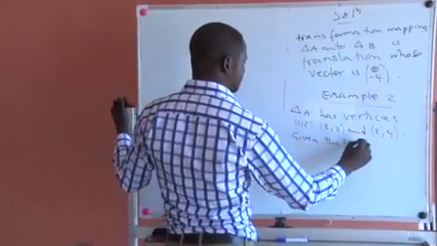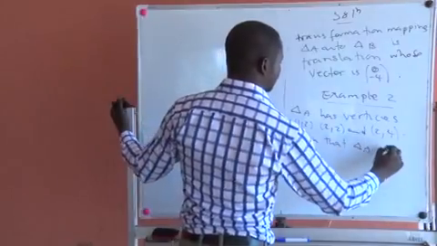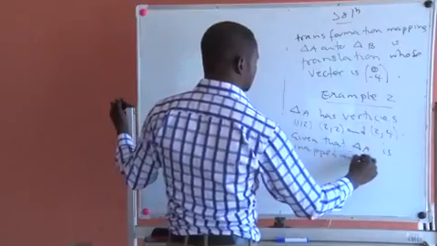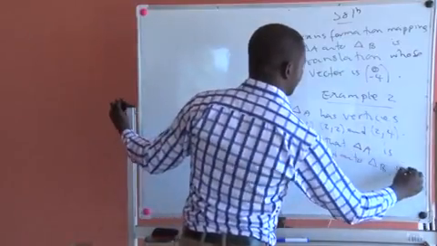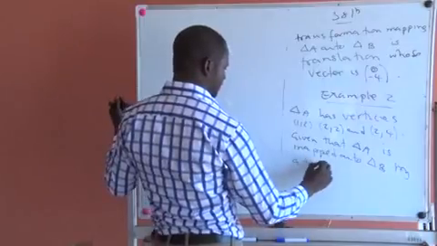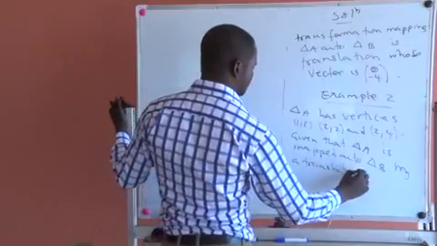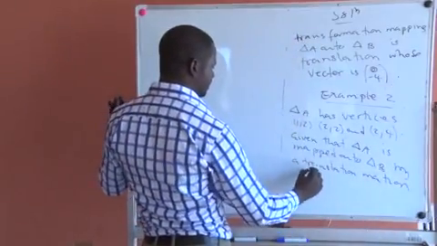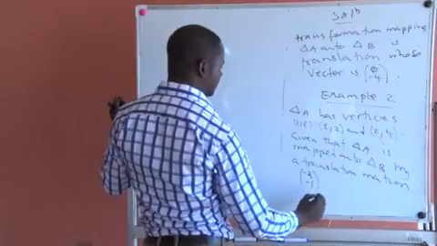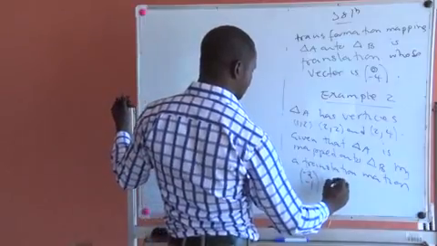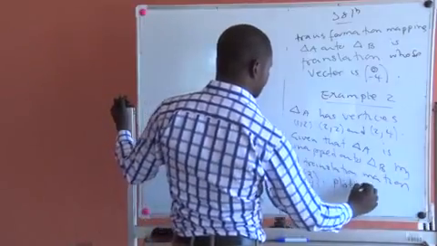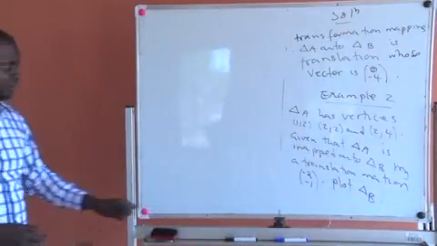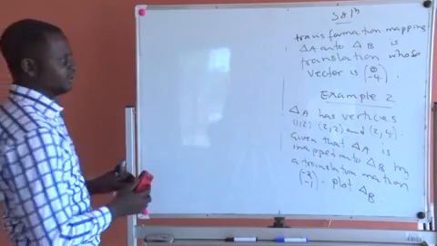Given that triangle A is mapped onto triangle B by a translation matrix, -2, 1. You say plot triangle B. Plot triangle B. So follow me carefully on that question.